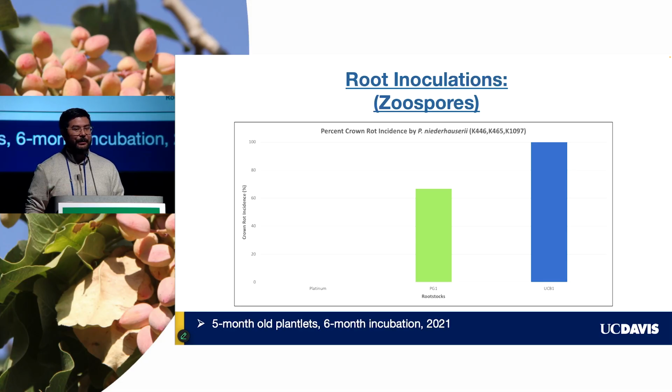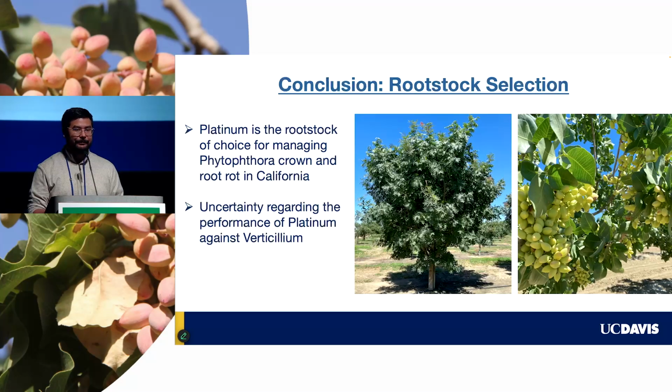This is one experiment where we showed that no Platinum rootstocks infected developed crown rot symptoms, whereas with PG1, you had about 60% of the plants that developed crown rot symptoms, and those UCB1 clonal plants that we tested developed 100% crown rot infections.